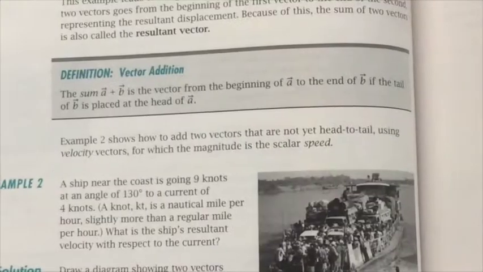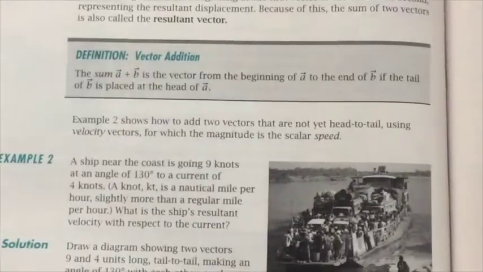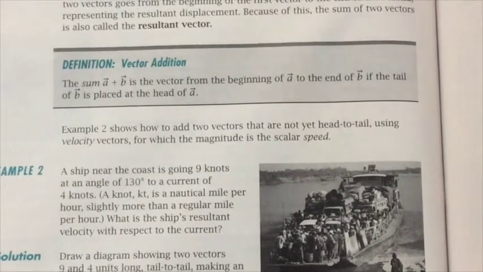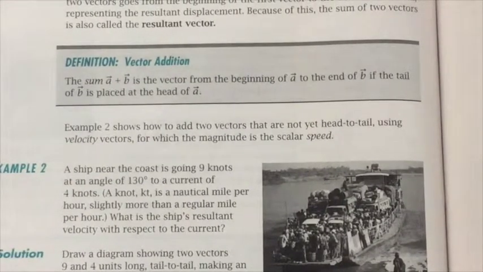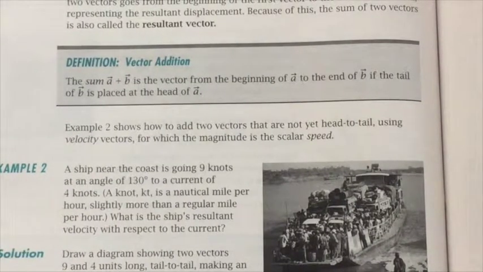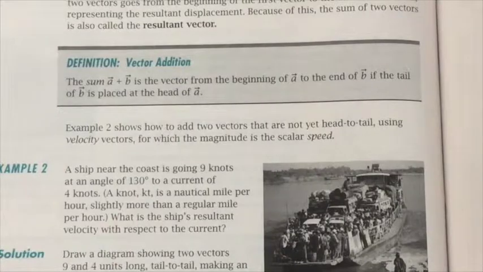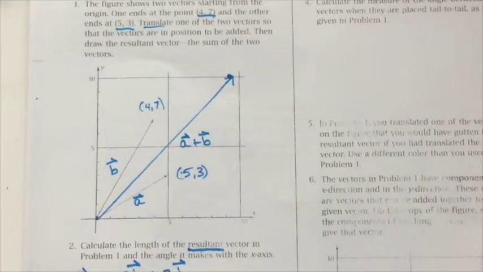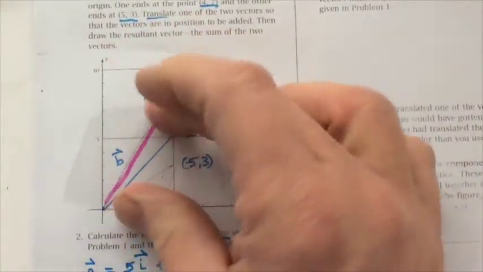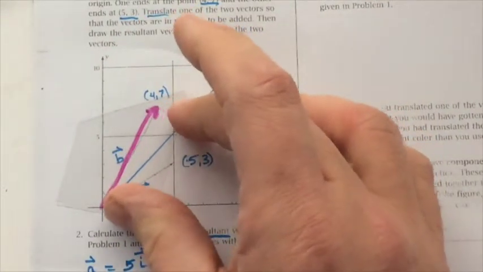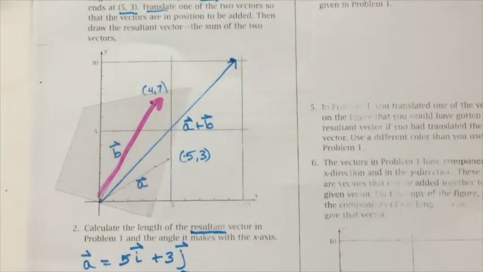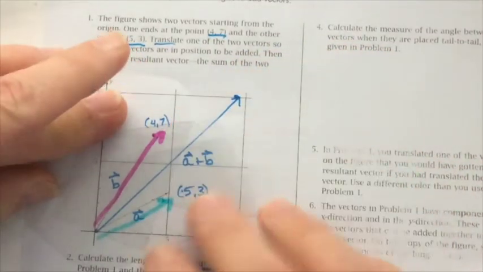The sum of the two vectors is the vector from the beginning of the first one to the end of the second one if you take the tail of the second one and place it at the head of the first one. Here is your vector B, and here is your vector A.